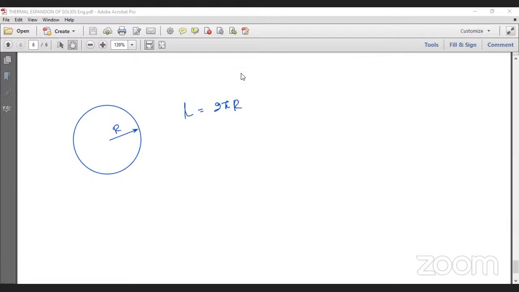If you increase its temperature, it expands. Now the radius becomes r dash. The new length l dash is equal to 2 pi r dash.